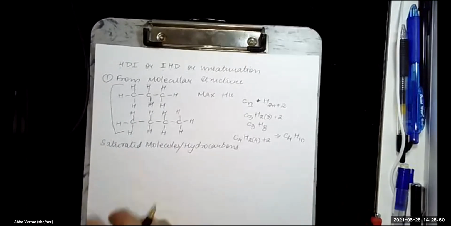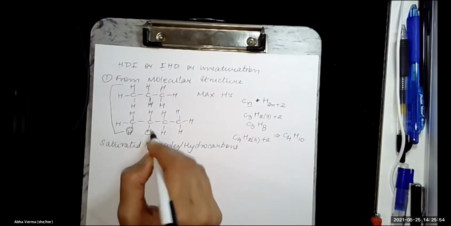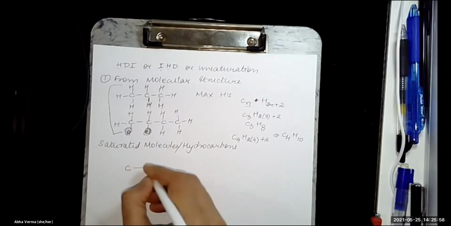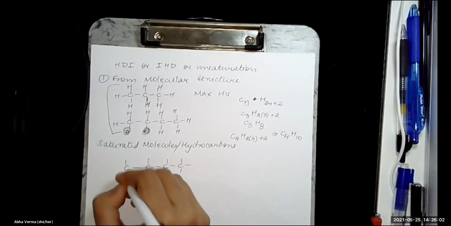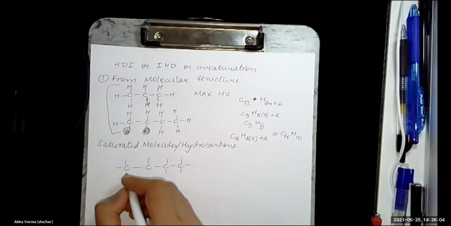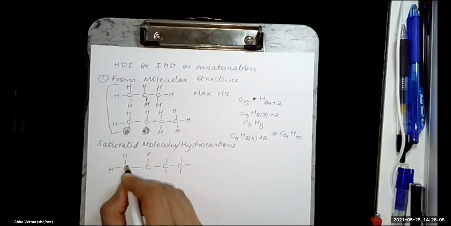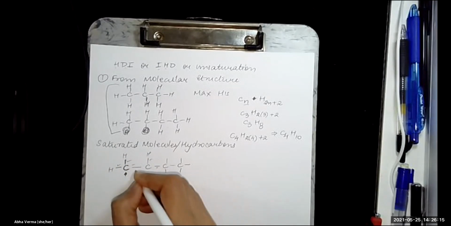So what is an unsaturated hydrocarbon? Let's just look at this structure. What if I remove these 2 hydrogens? So I've removed these 2 hydrogens. How many bonds is this carbon making? 1, 2, 3. What about this carbon? 1, 2, 3.